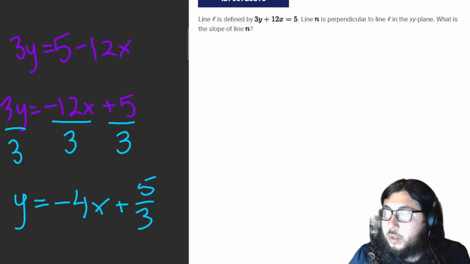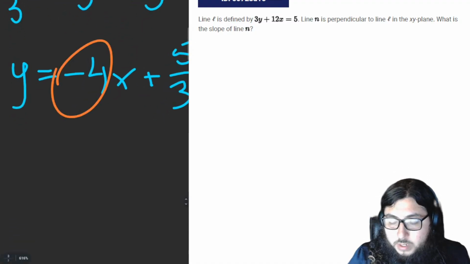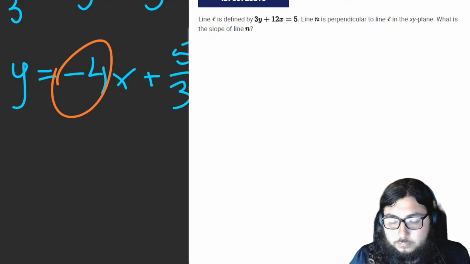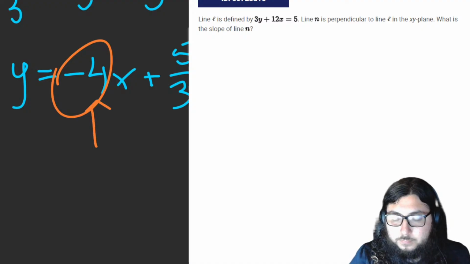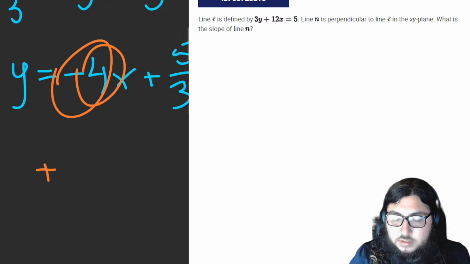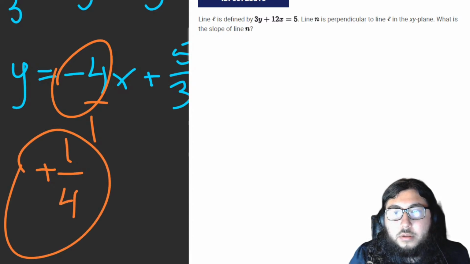From there, we want to take this slope and do what I like to call flip and flip. So you flip the sign and then you flip the magnitude of the slope. So first, negative becomes positive, and we're flipping this, so write it as 4 over 1 and flip the numerator and denominator. This is your slope of the perpendicular line.